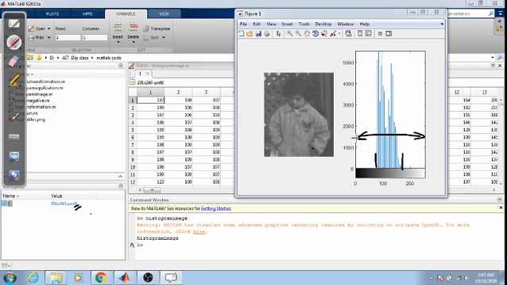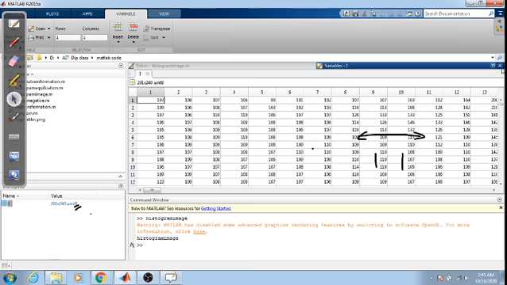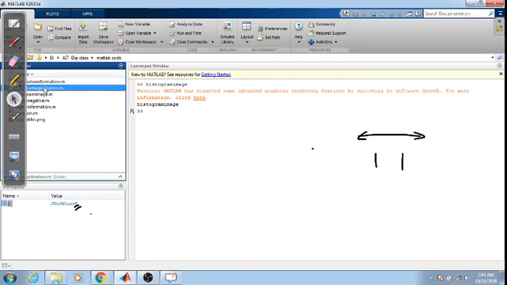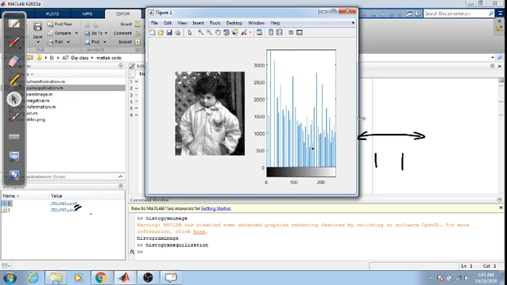Yes, sir. Okay, if you try to stretch this histogram, look at how this image looks when the histogram is stretched.